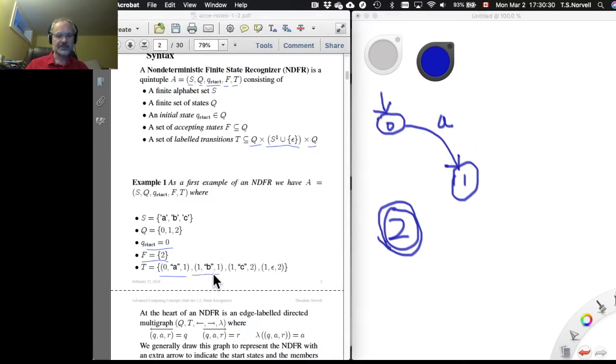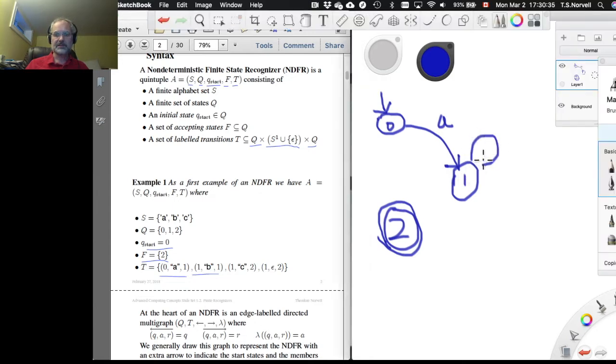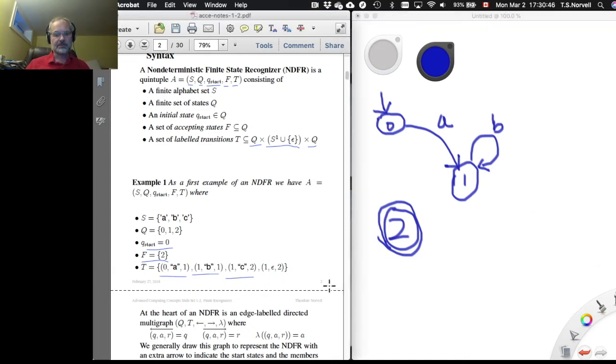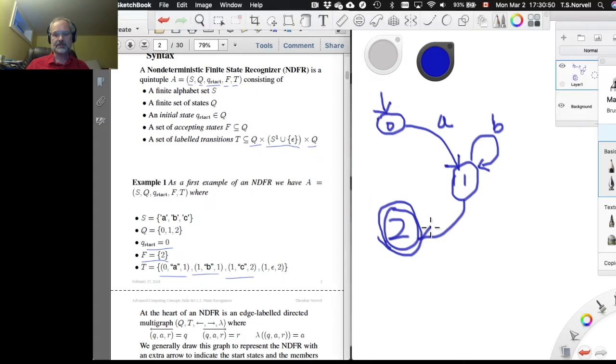Our second transition goes from 1 to 1, and it's labeled with a B. So we can represent that with an arrow from state 1 to state 1, labeled with a B. We have an arrow from state 1 to state 2 labeled with a C. And we also have another transition from 1 to 2, and this one's labeled with an epsilon.